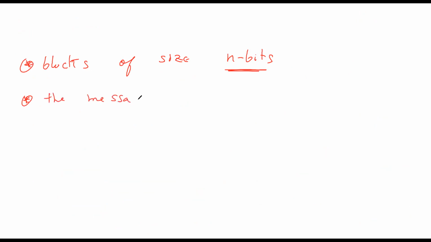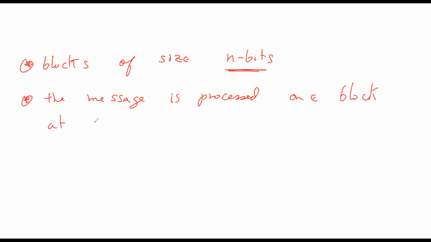And then once we have blocks of size n bits, we can proceed to the next one, which is how to process the message. The message is processed one block at a time.